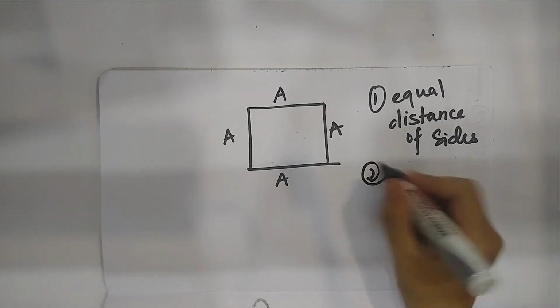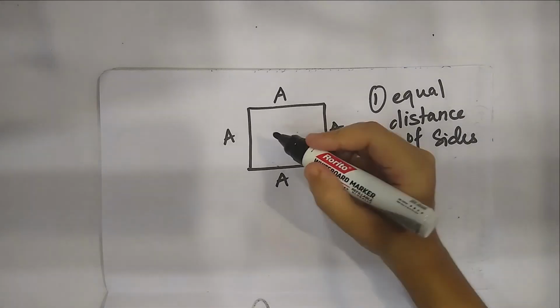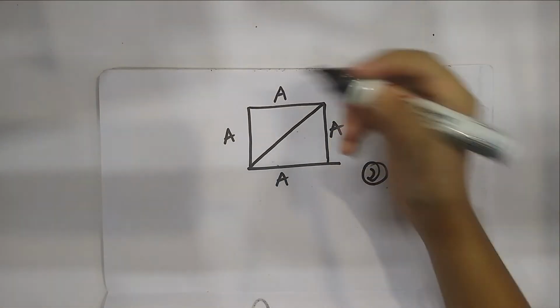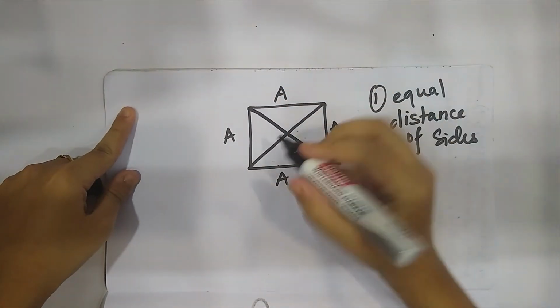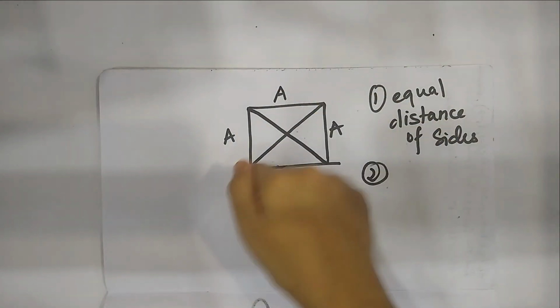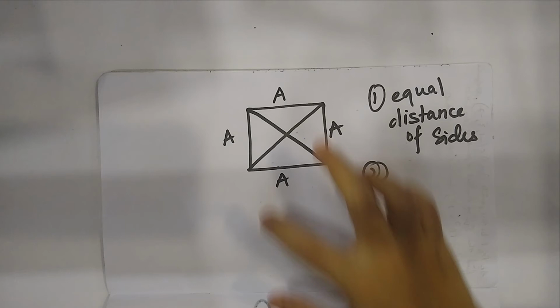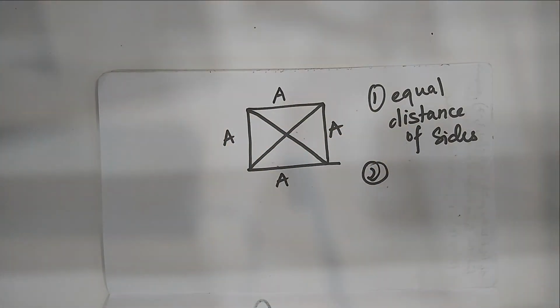The second property that we'll be talking about is the diagonals. So what are diagonals? These two lines that cut through the vertices of the square while intersecting each other, those are called diagonals. Alright. So in a square, we know that the sides are all equal. What about the diagonals?